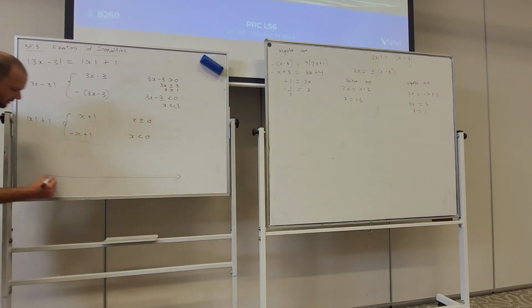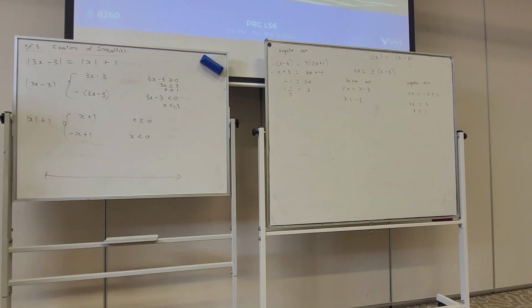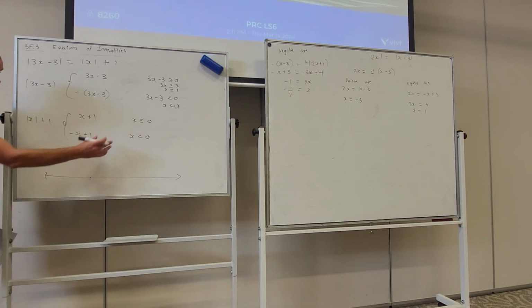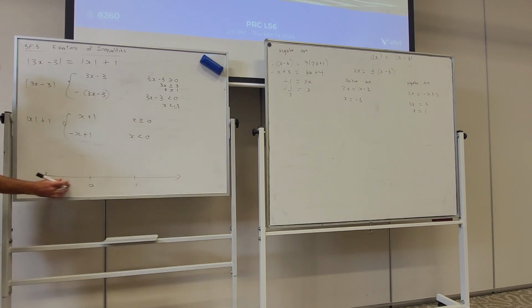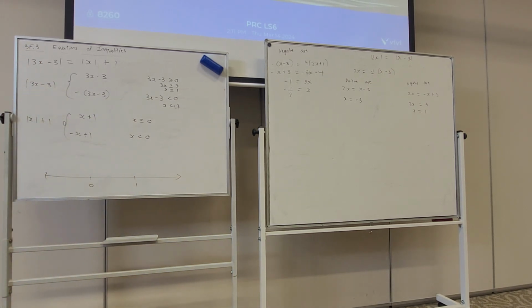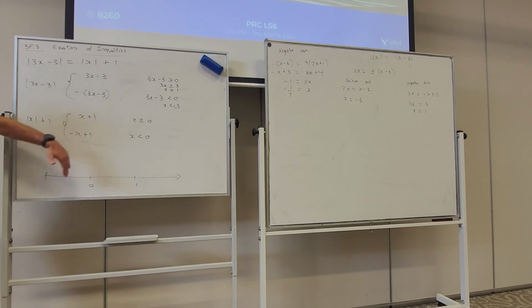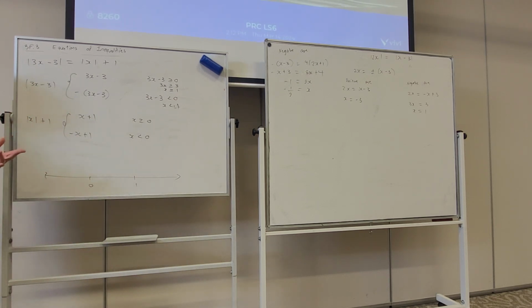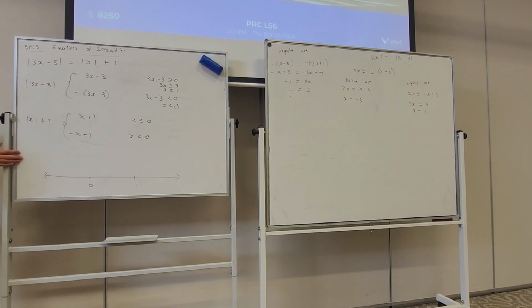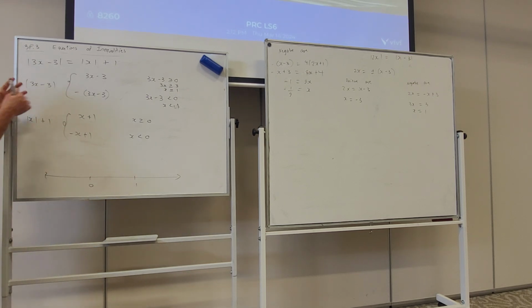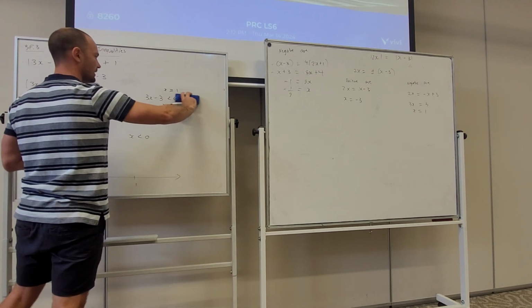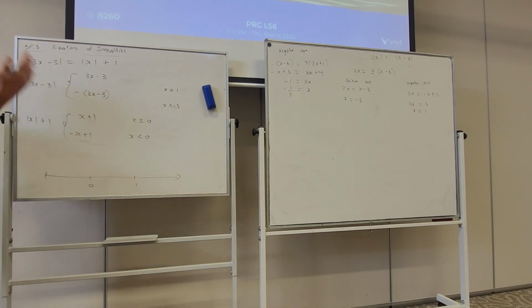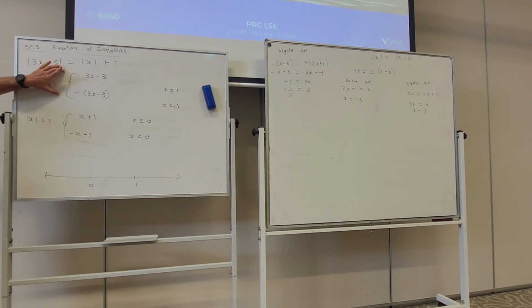So I'm going to draw just an x-axis, a number line, and we're considering domains. We've got 0, and we've got 1, and values larger than 1. I'm just going to do this a bit like a sign diagram, isn't it? If we're looking at values less than 0, we've got to say which equation we are using. So for values less than 0, on the left-hand side, and I'll rub this part out to simplify our notation a little bit, which of these corresponds with x being less than 0?